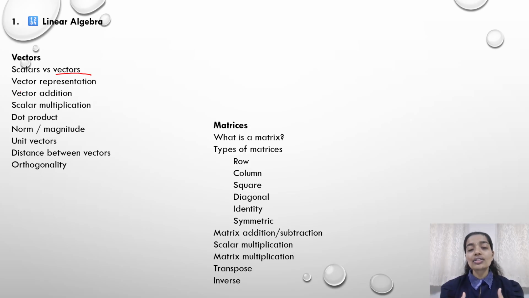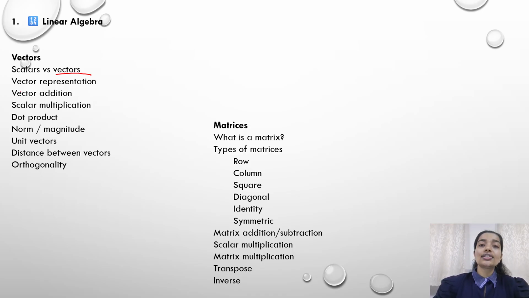There are a lot of performance measures that we are going to study very soon, and there the matrices come in. We have the concept of the confusion matrix, where we have values like false positive and true positive. Then we are going to define how exactly the different performance measures work. They also have some formulas. So very soon, we are going to make a detailed video on it.